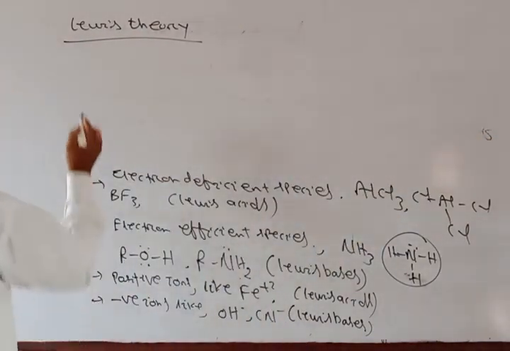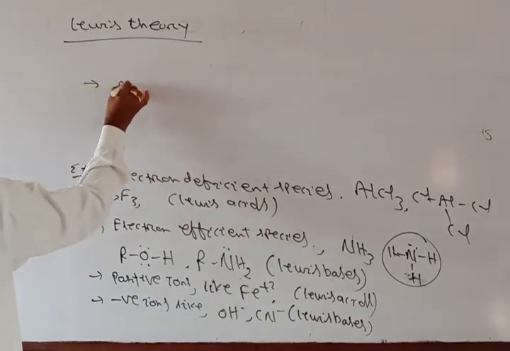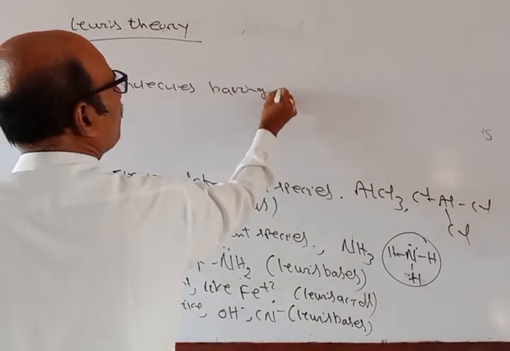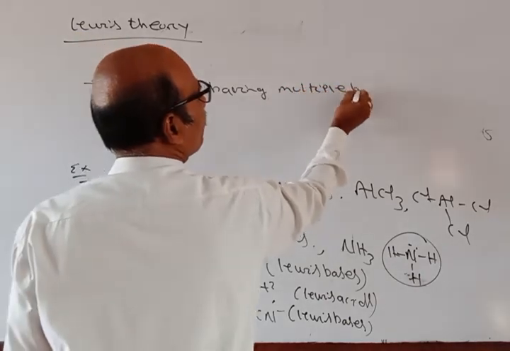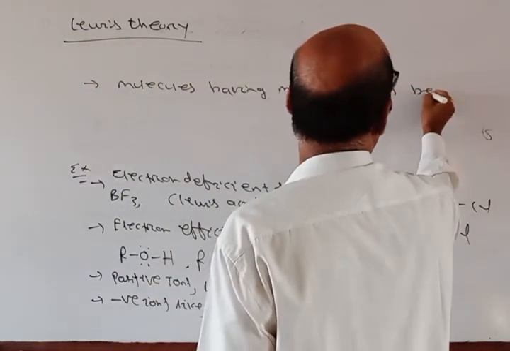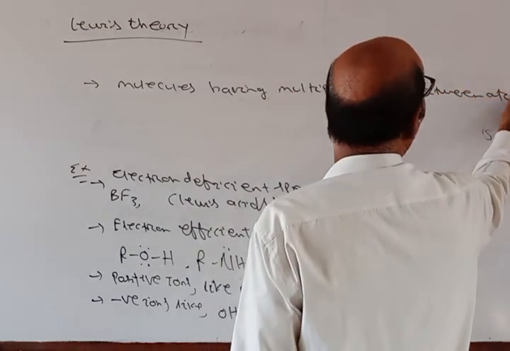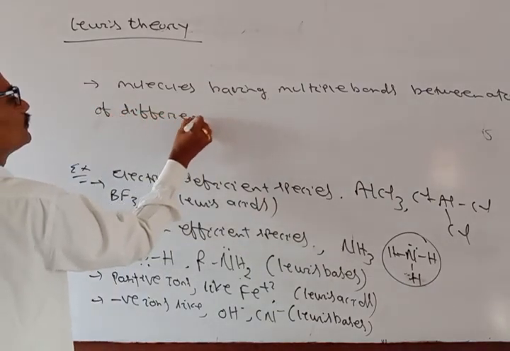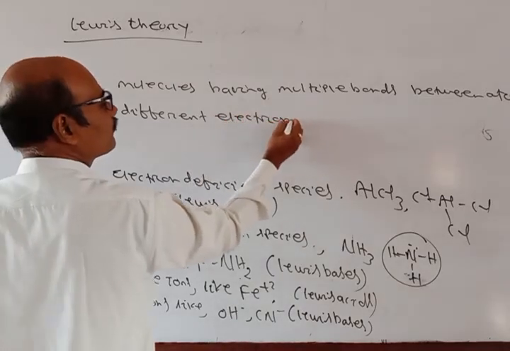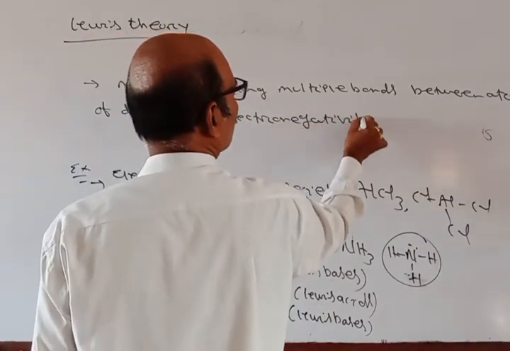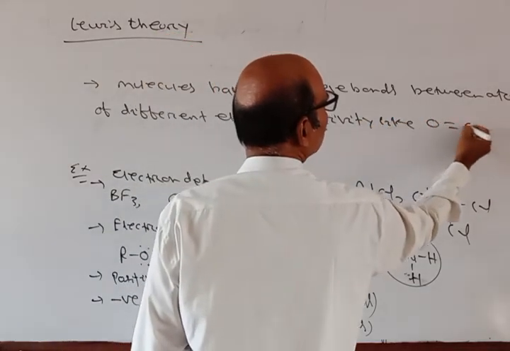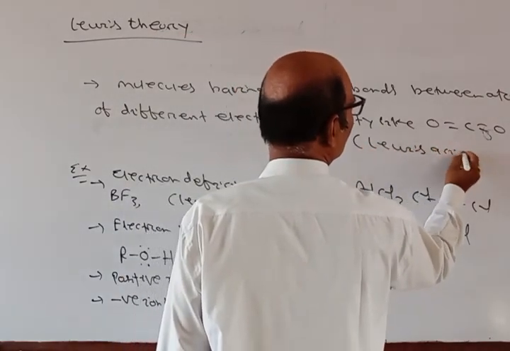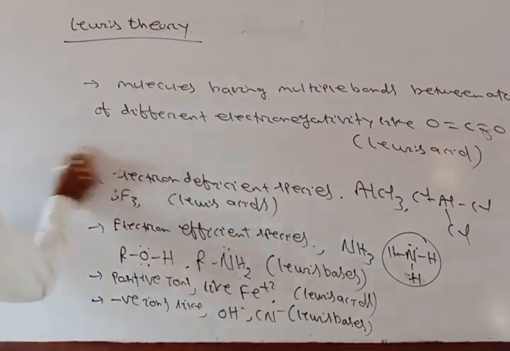Molecules having multiple bonds between atoms of different electronegativity, like carbon dioxide, are Lewis acids.